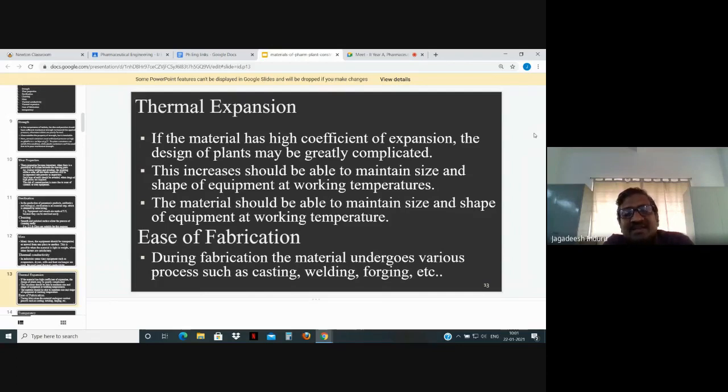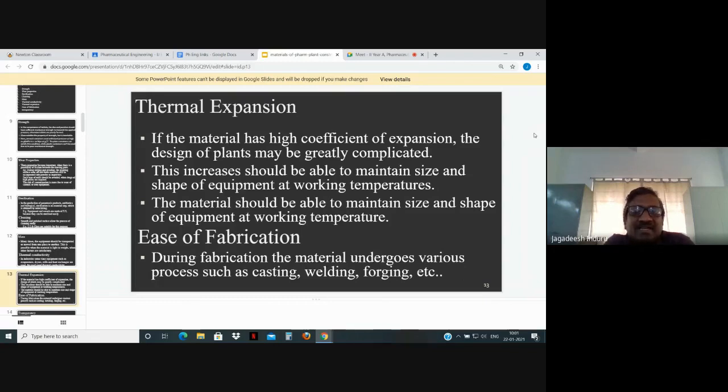If you see ornamental metals like gold and platinum, you can take them to any shape. For ease of fabrication, either it is melting and pouring into a cast, or you can take it and remove the unwanted portion. Anywhere you can do it, and fabrication is very easy into different shapes.